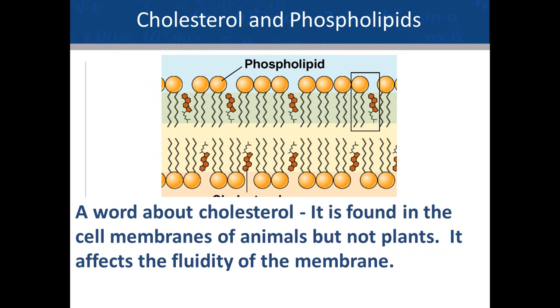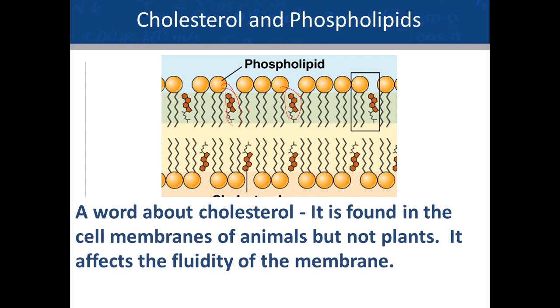A word about cholesterol. Now, cholesterol can be found in the membranes of animal cells, but not plant cells. Remember that cholesterol has 4 rings, and it also is a lipid. So it can be found quite nicely in between these hydrocarbon tails.